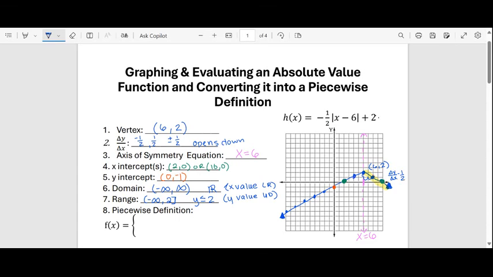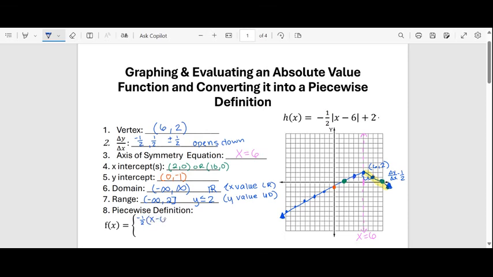And keep in mind, this is a line segment, so it's only part of a line, and it is a straight line. And straight lines are linear, so when we have straight lines, we're going to be using parentheses instead of absolute value bars. So just for that right side, that side I have highlighted in yellow, our equation is going to be f(x) = -1/2(x - 6) + 2.